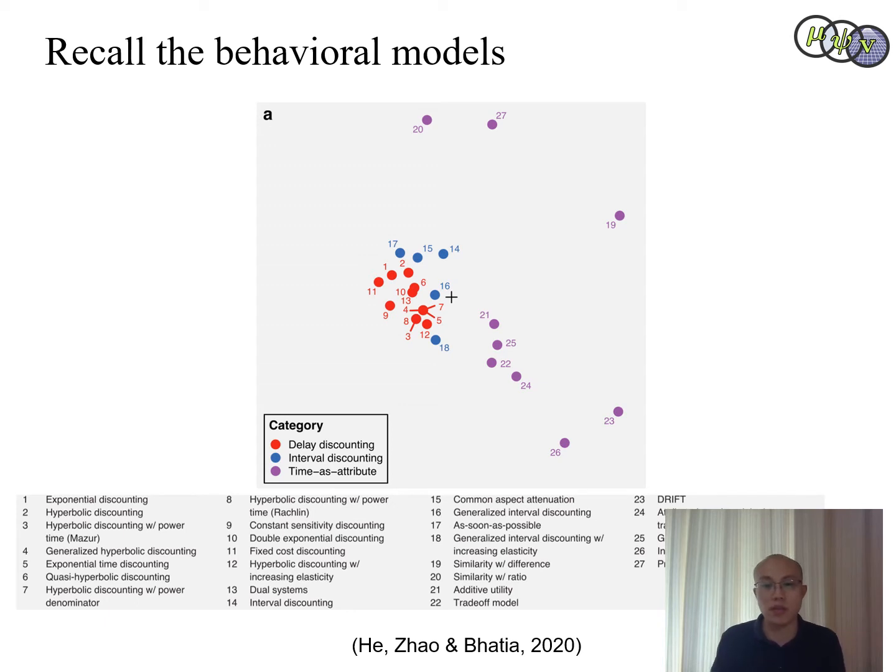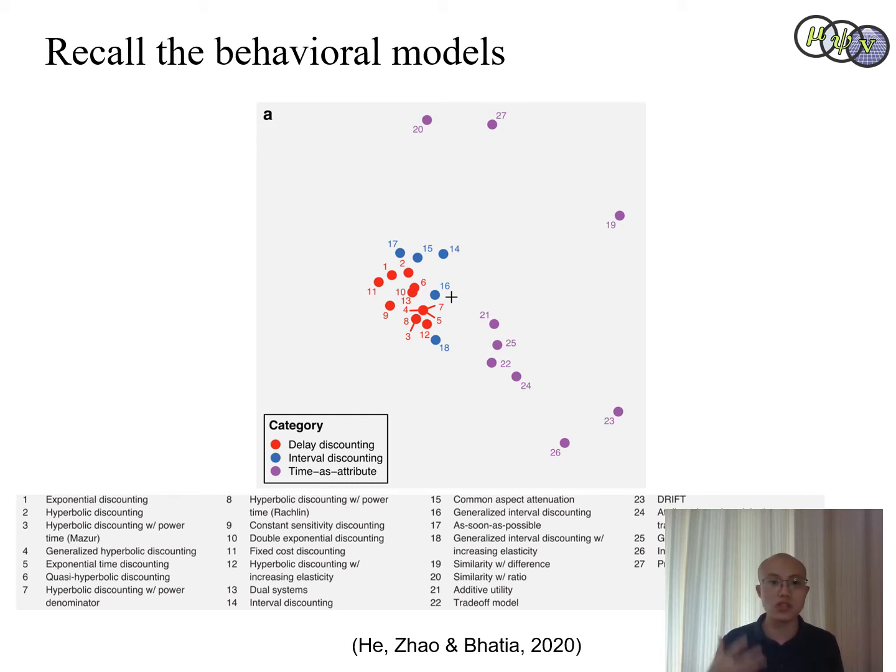So suppose people are making attribute-wise evaluation, then the time as attribute models are likely to jump up as the better performing model. And suppose people are using option-wise evaluation, then the data is likely to be better described by discounting models, right?